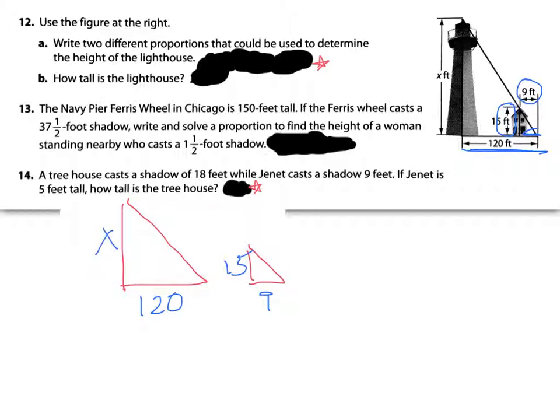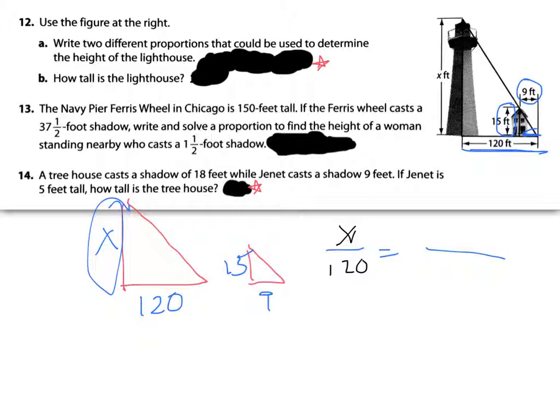Okay, so I've got enough now. I can go ahead and compare my figures. It says, write two different proportions that could be used to determine the height of the lighthouse. First, I'm going to do height is to base as height is to base. So we'll write x is to 120 as 15 is to 9. So that's one of them.